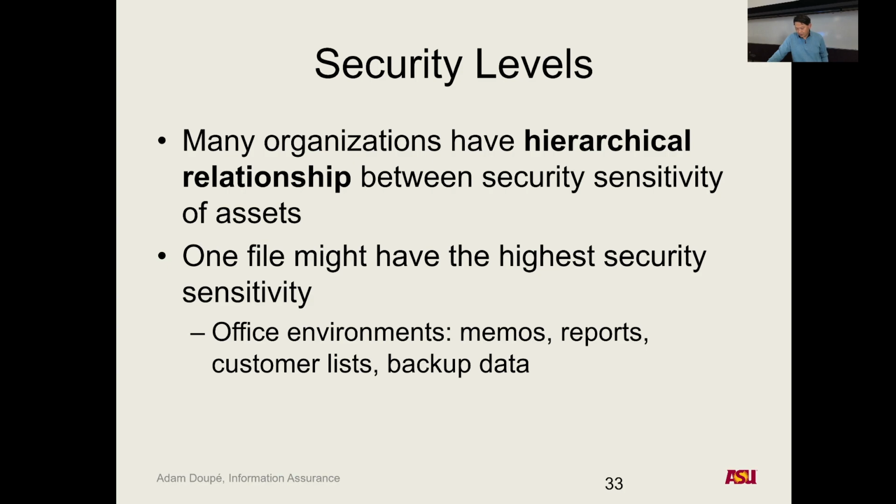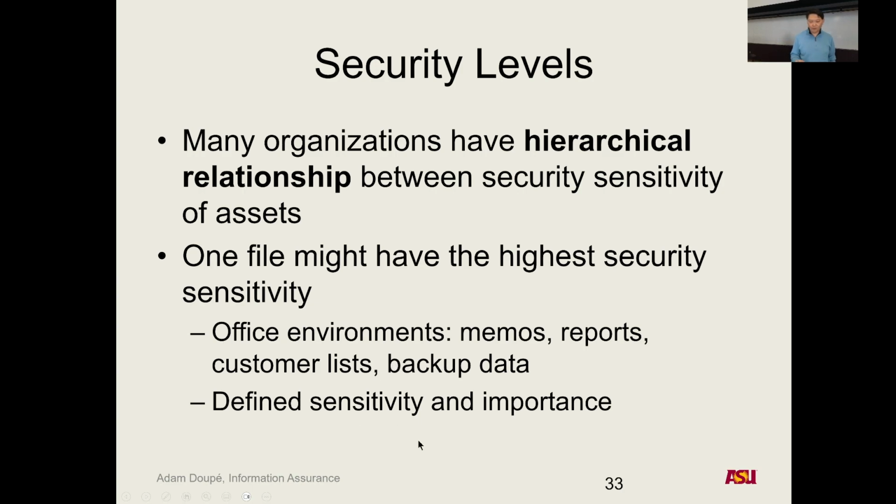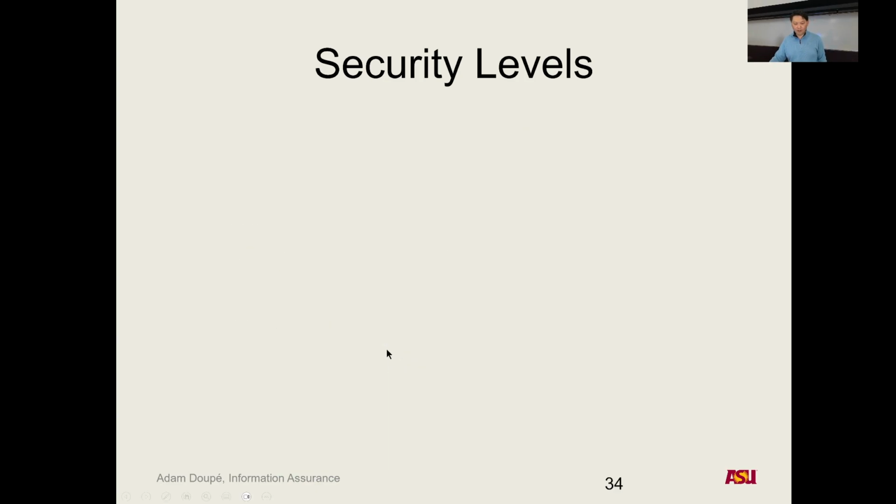So these kinds of documents can be confidential or personal information or some proprietary information. So the security level defines the sensitivity and importance of the assets of organizations. Okay. Top secret and secret.